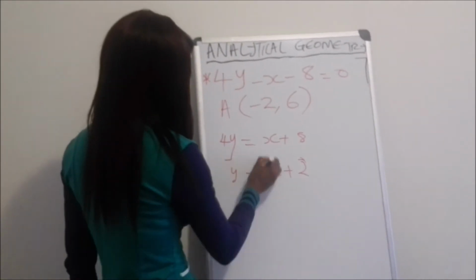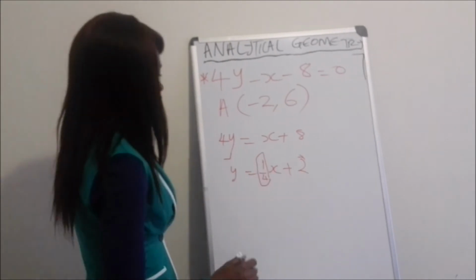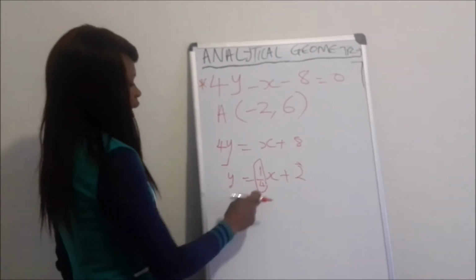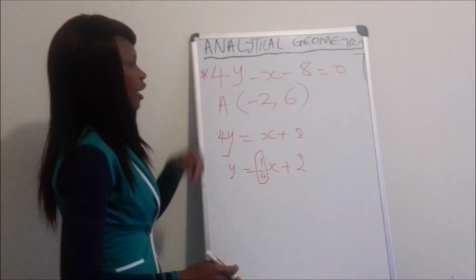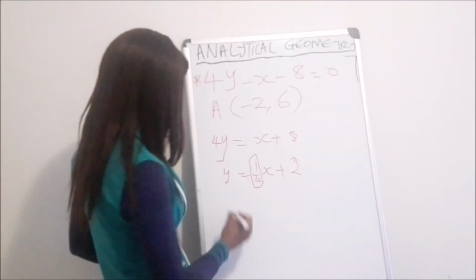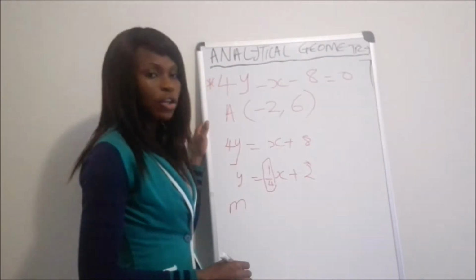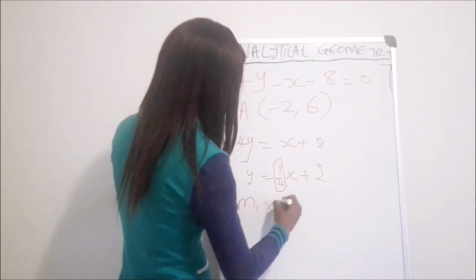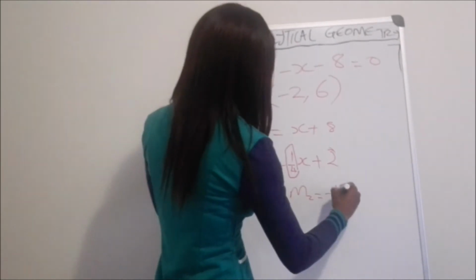From here we have the gradient, which is 1/4, and we are told that this line is perpendicular to the line we have to find an equation for. Remember, with perpendicular lines, m1 multiplied by m2 is equal to -1.